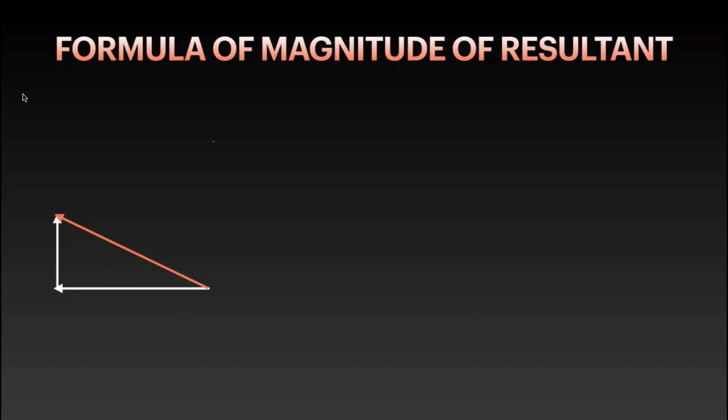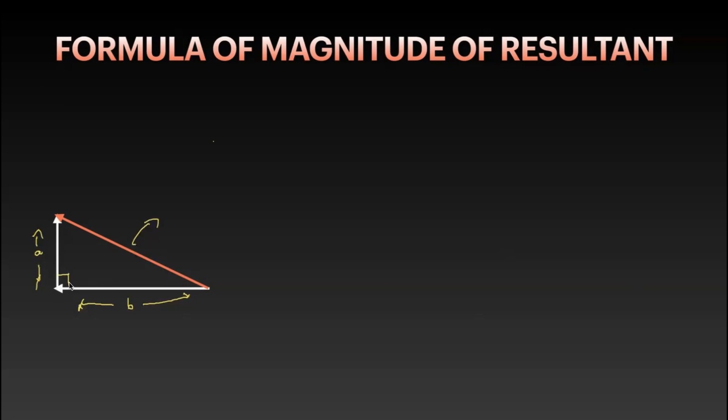Now, let us actually derive this formula of magnitude of resultant. Assume the magnitude of this vector is A and magnitude of this vector is B. And this is what? Vector A plus B. And this is perpendicular.